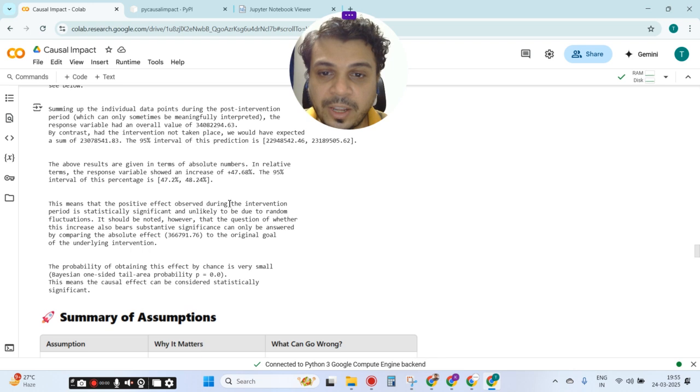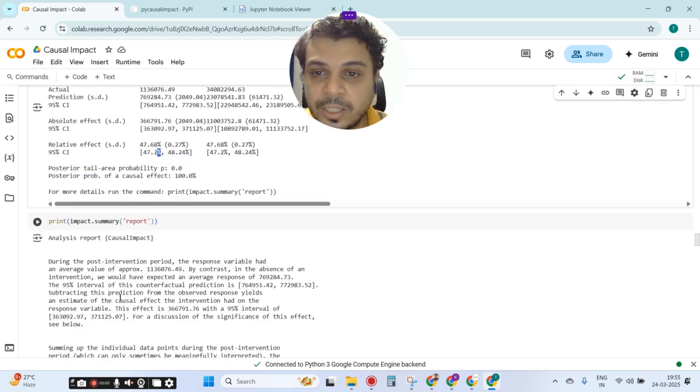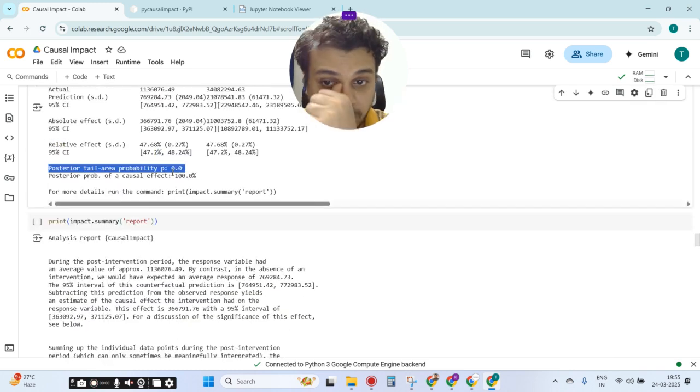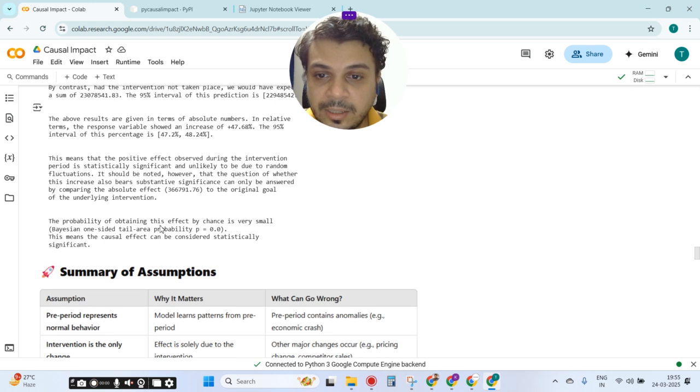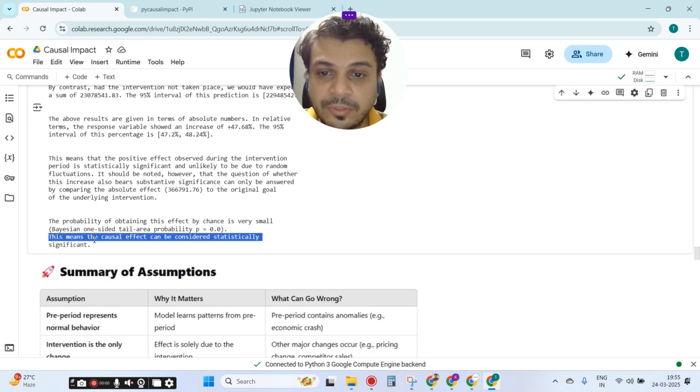So this means that the positive effect observed during the intervention period is statistically significant and unlikely to be due to random fluctuations. So we also have the statistical significance here, right? 0.00%. This is the posterior probability of a causal effect, right? So this means that the causal effect can be considered statistically significant.